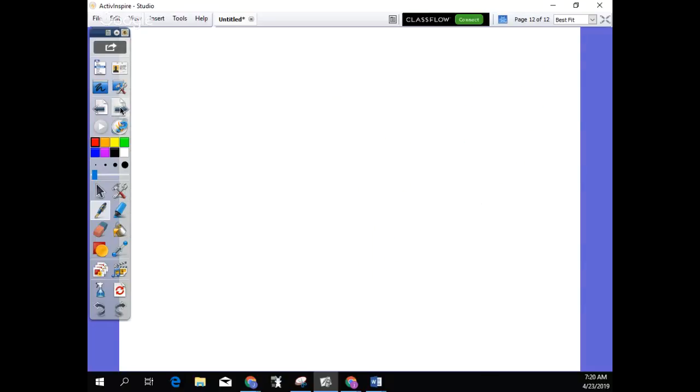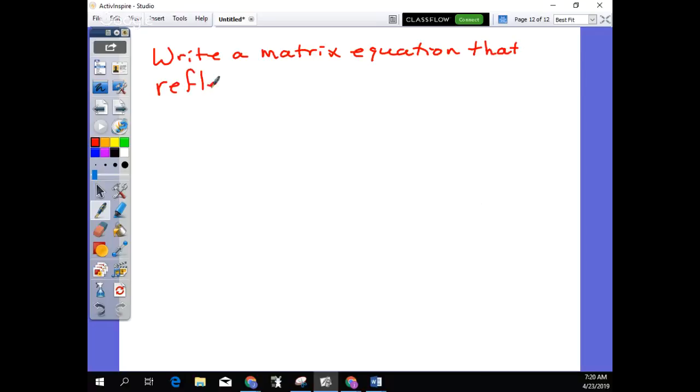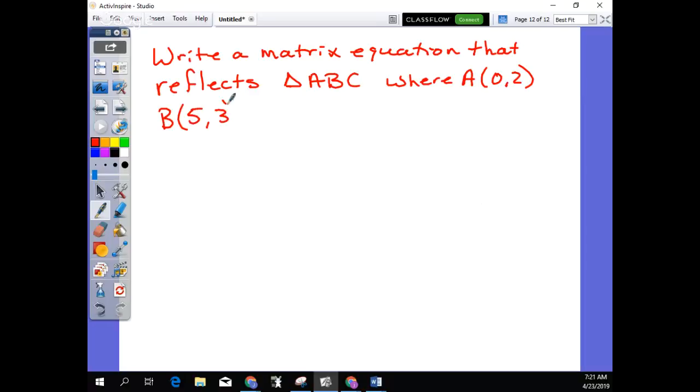If we said, write a matrix equation that reflects triangle ABC, where A is (0, 2), B is (5, 3), and C is (4, 9), over the y-axis.